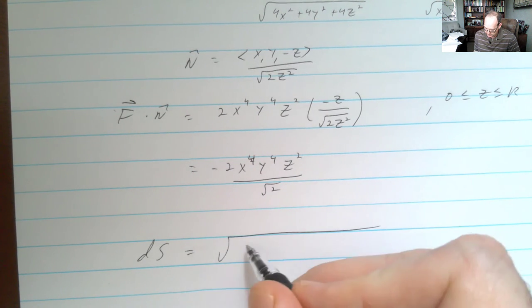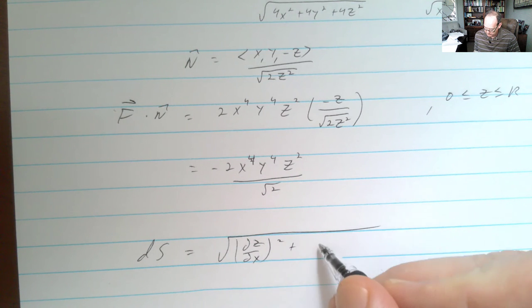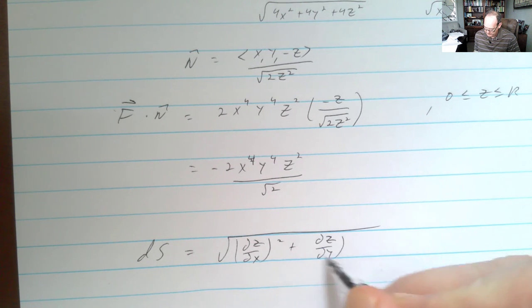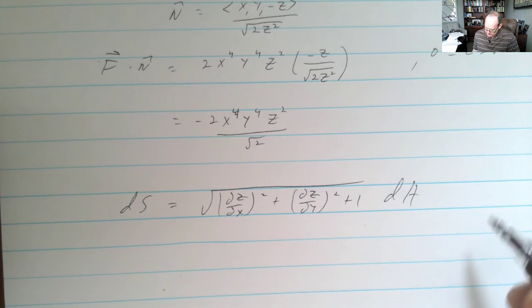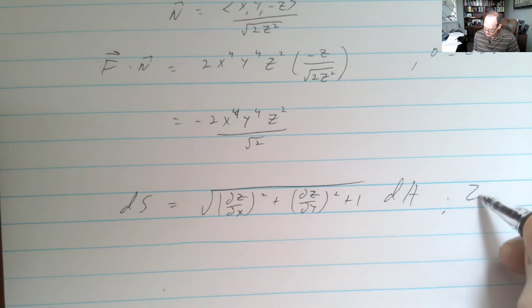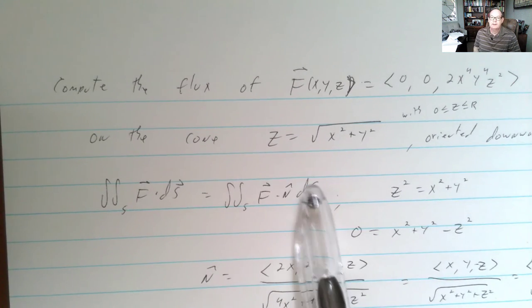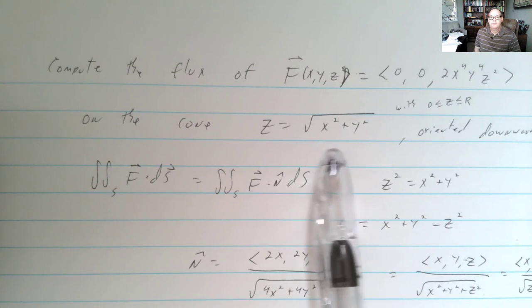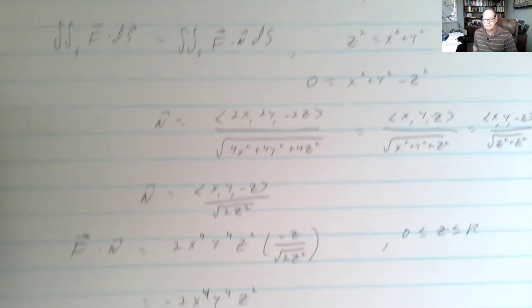is the square root of partial z partial x squared plus partial z partial y squared plus 1 dA. My surface is z equals x squared plus y squared to the 1/2. That's the rule right there for the cone, even though we rewrote it a couple times.